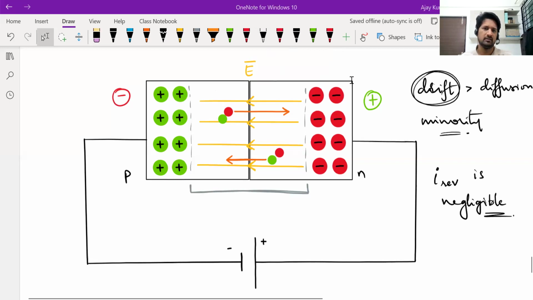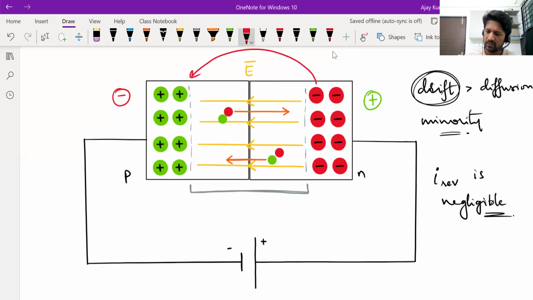Yes, obviously. See, the diffusion process is opposed very strongly. Yes, you are increasing the potential barrier. So electrons will not be able to jump from here to here. And the battery also does not favor that. Fine. So diffusion is completely opposed, you can say.